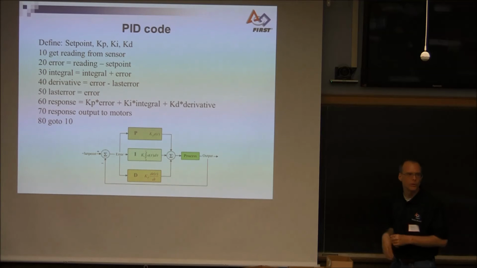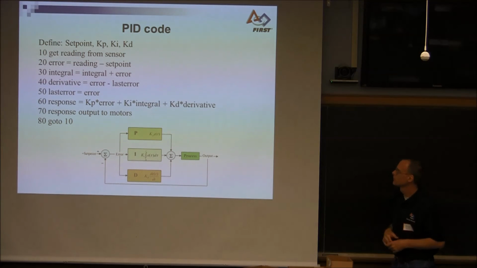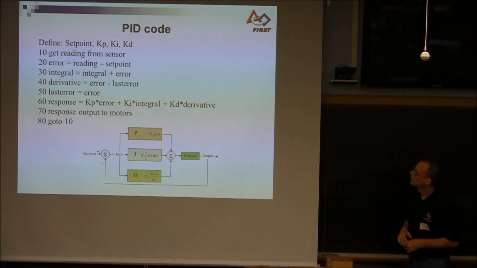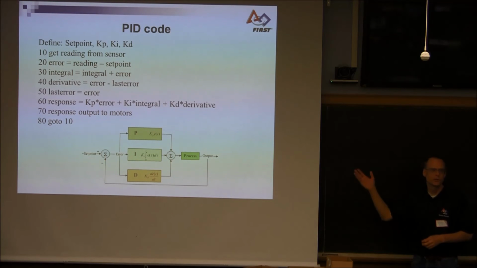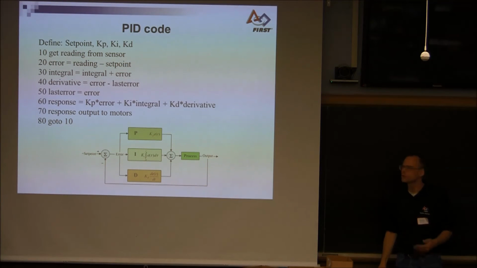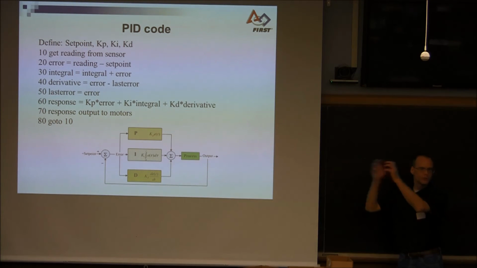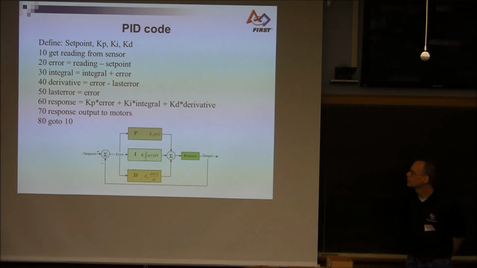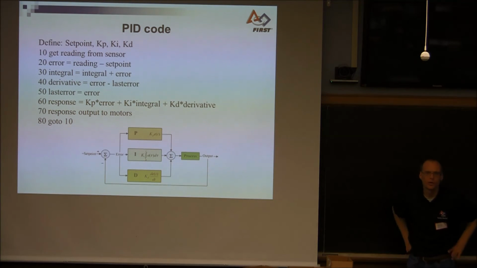And then when you're running the program, you just read your data, compute your error. Integral is the running sum of the errors, right? Isn't that what that is? Derivative is just current error minus last error. Then I swap those two out, compute my response, output to the motors, go back and do it again.